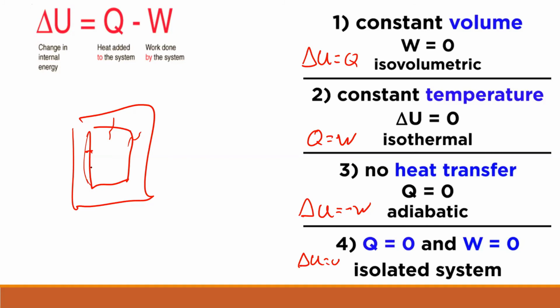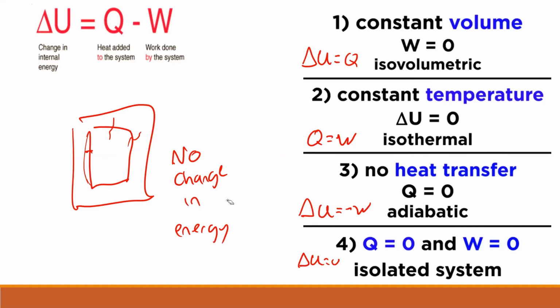There is no change in energy. It's very hard to get one of these types of systems, because usually some form of work will happen, something will happen.